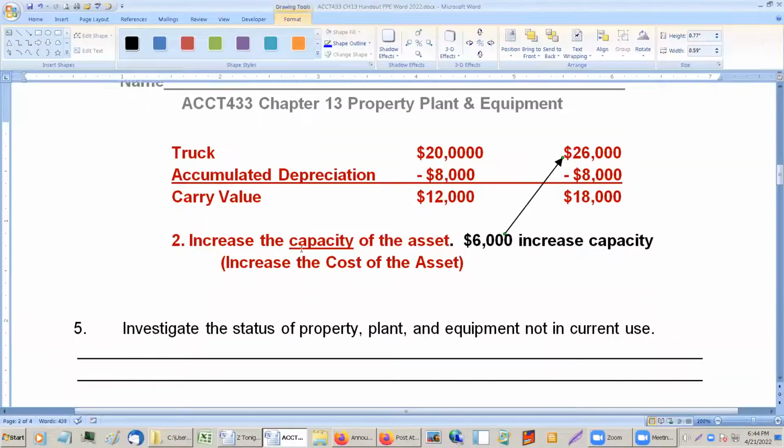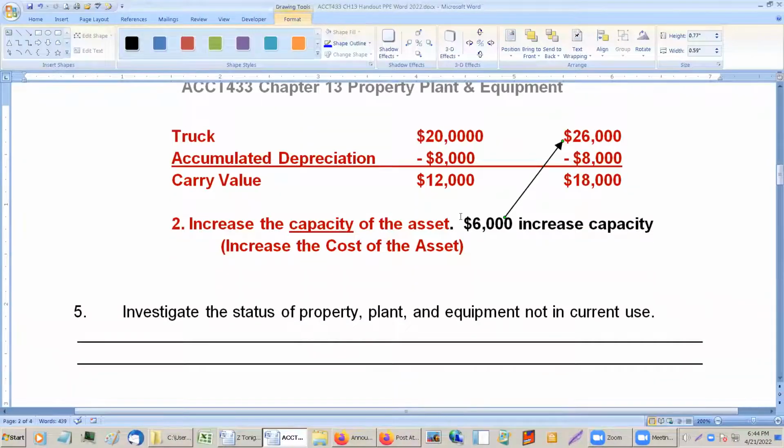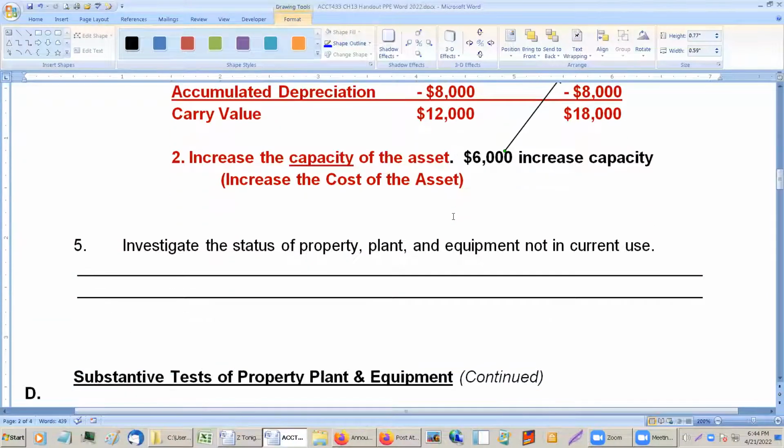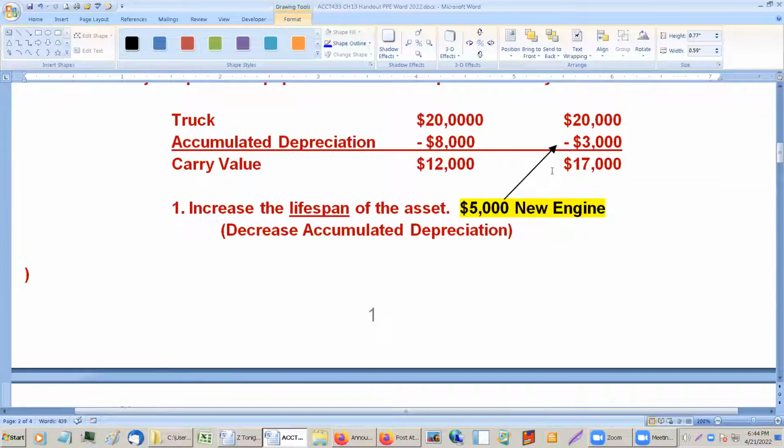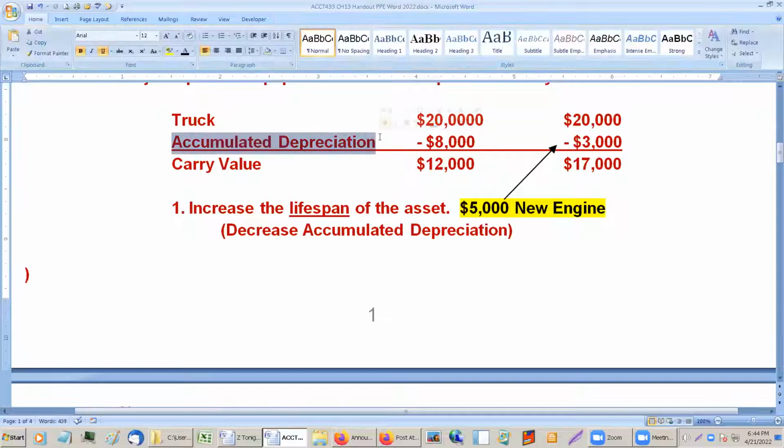So it's one of those things that's kind of common, especially if you're not familiar with those kinds of accounting rules. But yeah, so if it increases the capacity, it gets added to the asset. If it increases the lifespan, it's sort of like we turn back the clock on the accumulated depreciation.